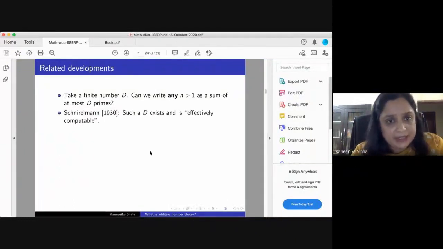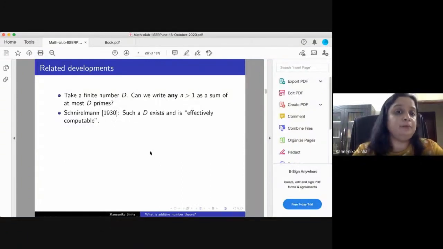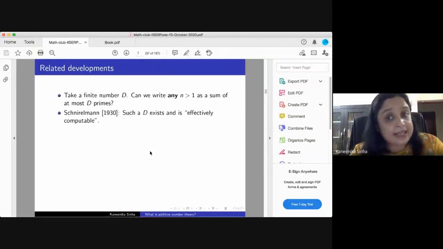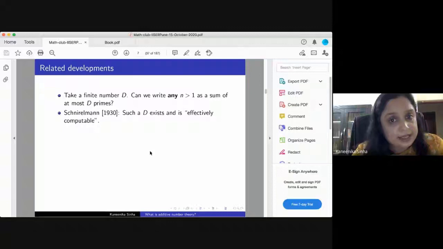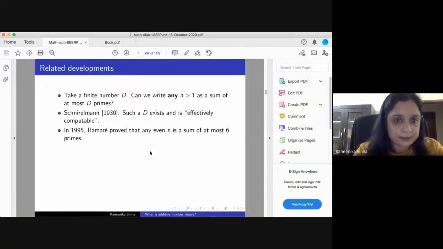In this respect, Schnirelmann showed that such a d exists and it is effectively computable. Again, he does not tell you exactly what that d is, but he says you can find a finite number d so that any n can be written as a sum of at most d primes. Even making such a claim is quite a progress.